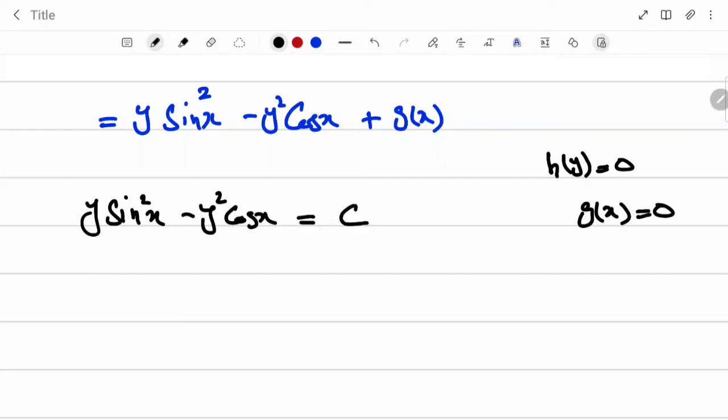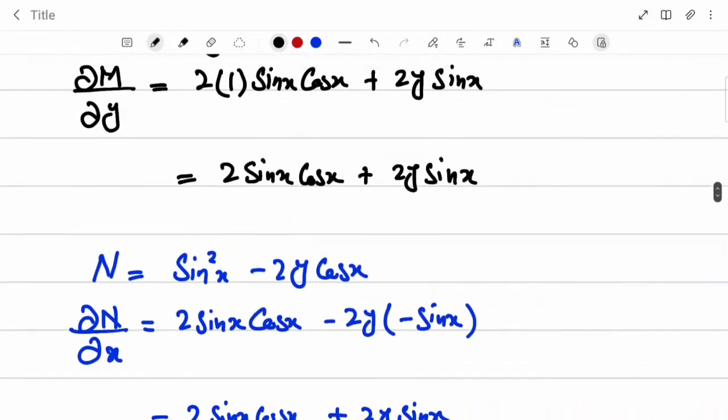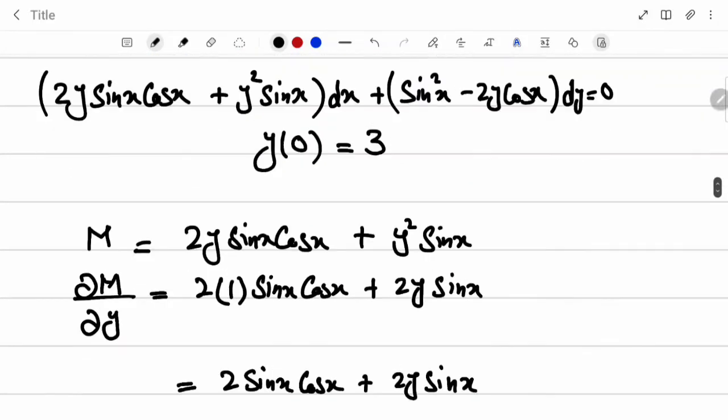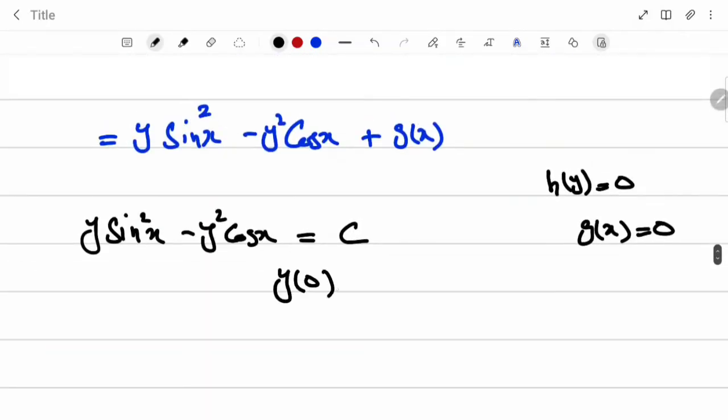Now the next part is to find the value of c, because we are solving an initial value problem. So for this we will go up, and what condition do we have? We have y(0) = 3. It means whenever we plug in a value of x = 0, we have y = 3. So we are going to place it there.